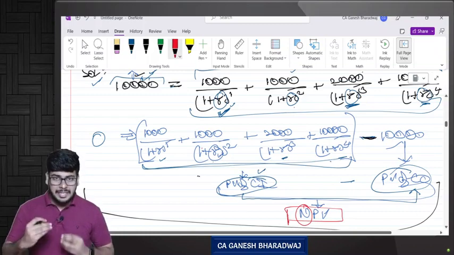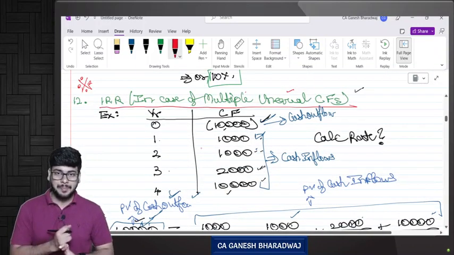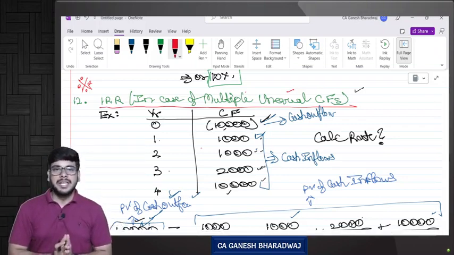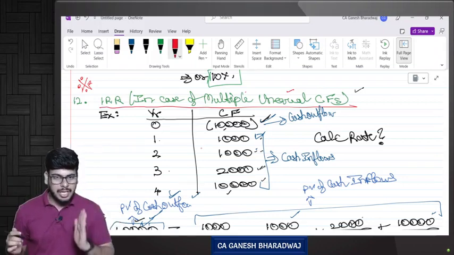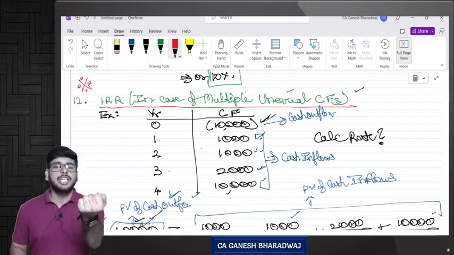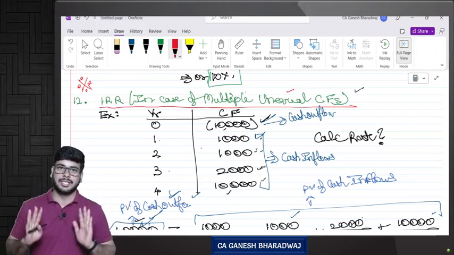So here, let me just summarize what we have done till now. Number one, I told you that in a complete financial transaction, there will be both inflows as well as outflows. So initial outflow followed by a series of inflows, or initial inflow followed by a series of outflows. This is how any financial transaction will be.